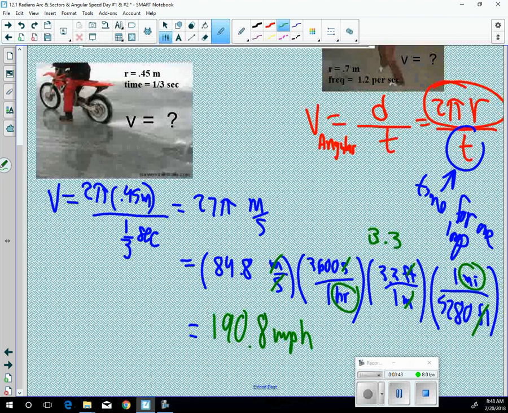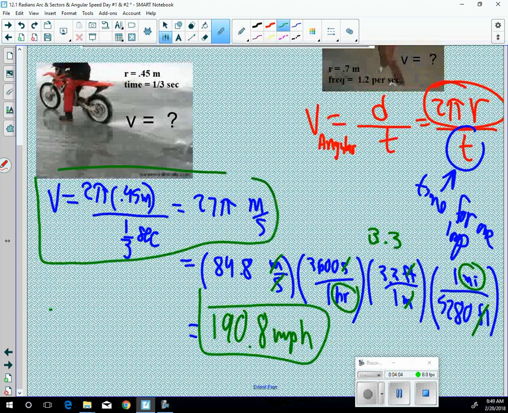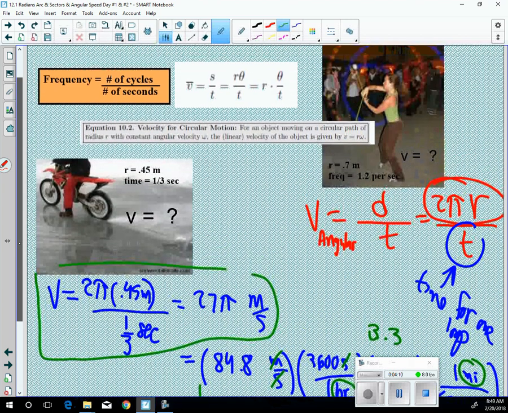If you want to change meters per second to miles per hour, you multiply by 2.25. And that's going to get you your miles per hour. That's what all this stuff does. I just have that memorized because I've used it a lot in physics. Okay, so what you do is use this formula, 2 pi r over t, and then you do this nice little conversion.